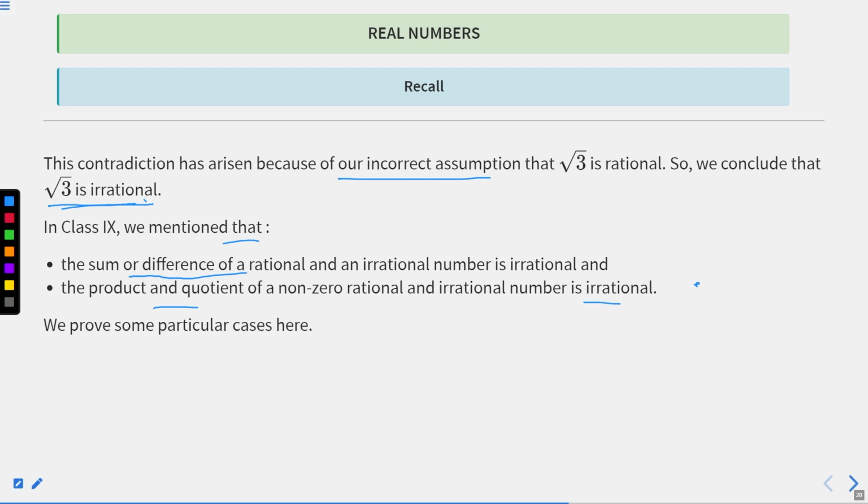Like the product 2 times root 2 is irrational, and the quotient 2 by root 2 is also irrational.